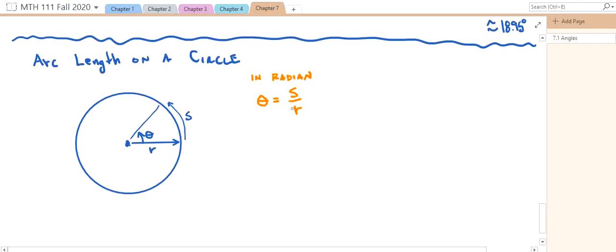So if that's the case, remember that when this thing turns R length, when this is R, there's 3.141 of these in 180 degrees. When this turns just S equals R, so if S equals R, then theta equals R over R equals 1, or 1 radian.